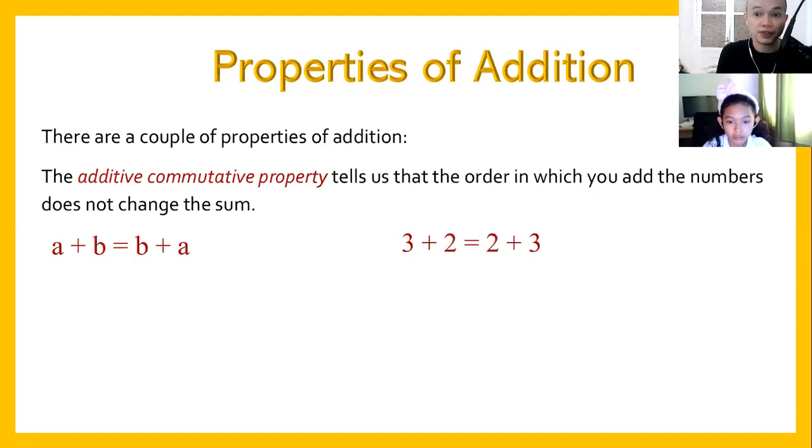The same results. You call that the additive commutative property. That means the order of the numbers added does not change the result or the sum. Is this property understood, Christelle?